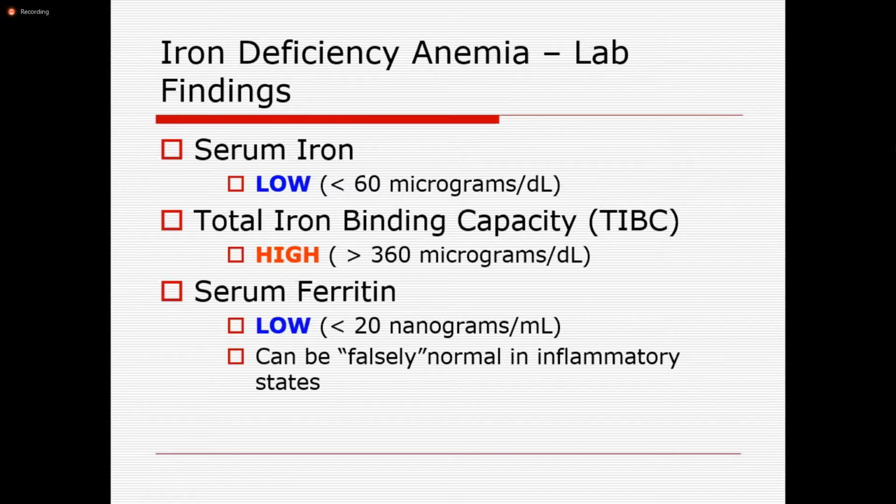So if there is any acute inflammatory condition, then the ferritin levels may falsely be high, not because of adequate iron stores, rather because of the acute inflammation. So in inflammatory conditions, serum iron and TIBC are the good parameters to check whether the iron is in a good amount or not. Next, please.